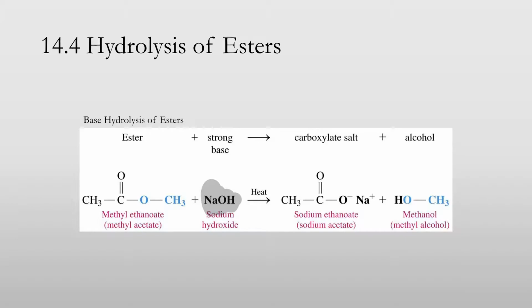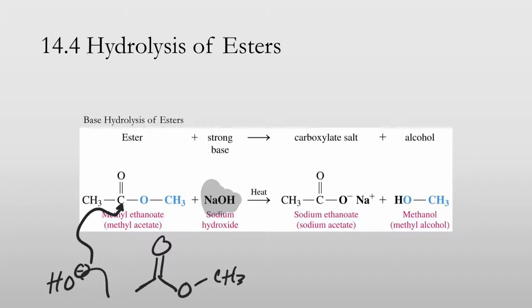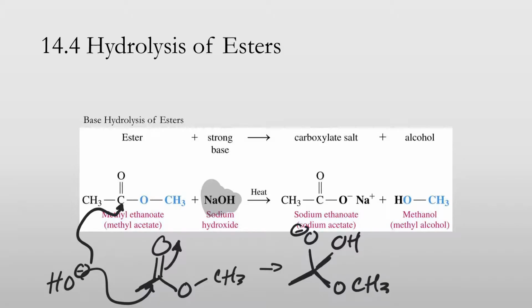So if we have these hydroxides floating around, there's HO minuses, that's just going to immediately attack the carbonyl. All right, like this, which will put those pi electrons up to that oxygen. So then you get an O minus here, you get an OH and an OCH3.